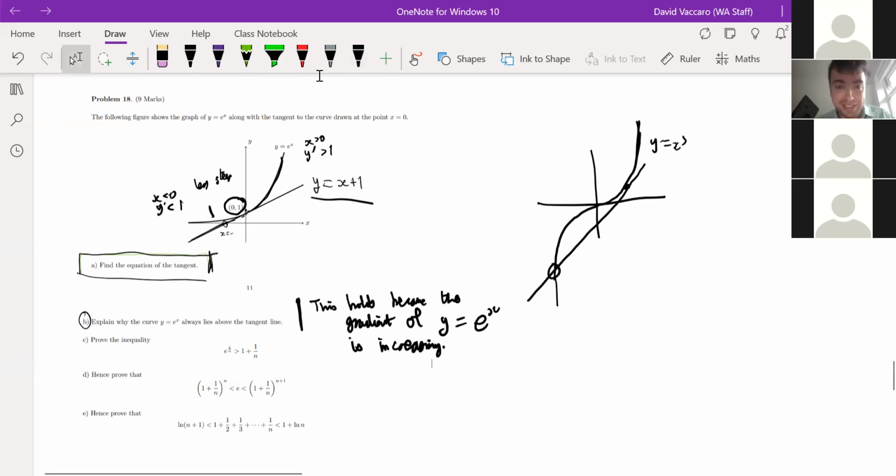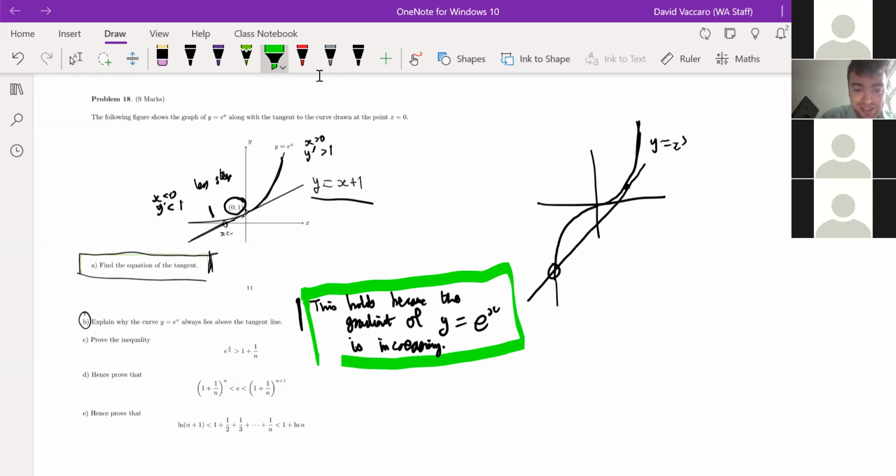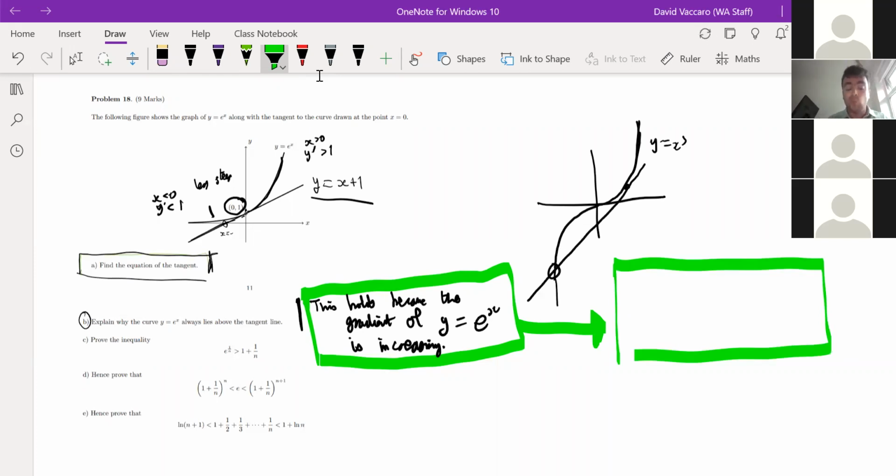Now, in the chat, and this goes back to this topic of the last webinar, can anyone give me a shorter way of writing that statement? So I've written quite a long-winded statement there that says this holds because the gradient of y equals e to the x is increasing. Can anyone give me a simpler, shorter way of writing that same fact?